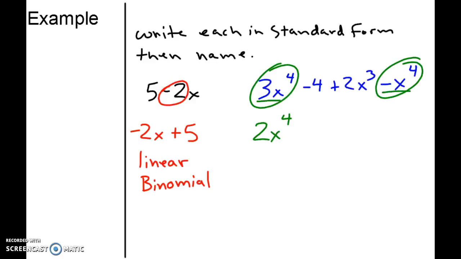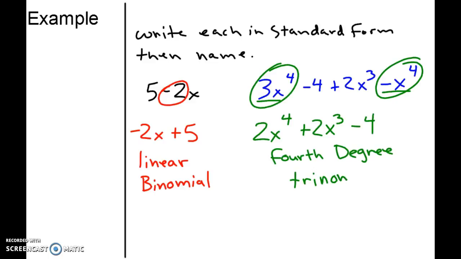Okay, then we put this plus 2x cubed next, because it's the next smallest degree. Then we have the minus 4. Okay, and so that would be what we would call a 4th degree. And since there are 3 terms, we call that a trinomial.